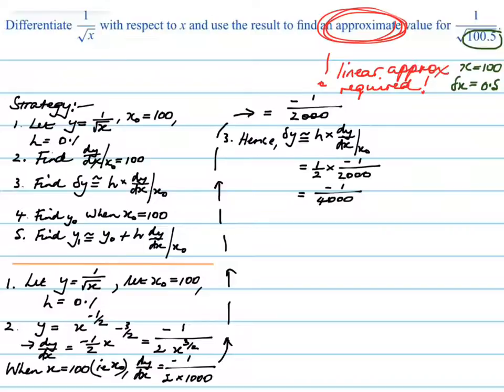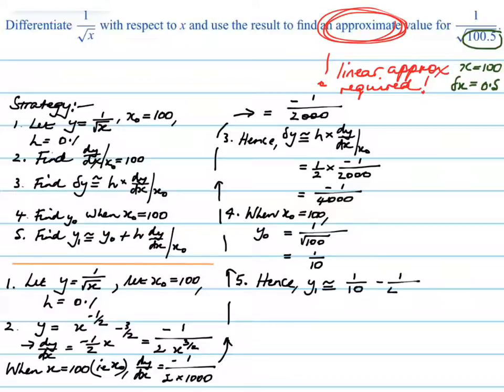Now we've got to get the actual value of y, the new or estimated value of y. Here's the bit where we're working out y0. When x0 is 100, y0 will be 1 over root of 100, which will be 1 over 10. Now step 5. Hence we can say, here's the knockout punch: y1 will be approximately equal to y0, which we just found in the line above, 1/10, minus 1/4000th, which we found a few lines up.